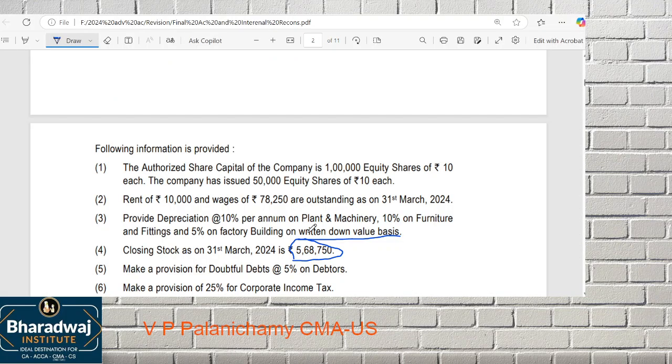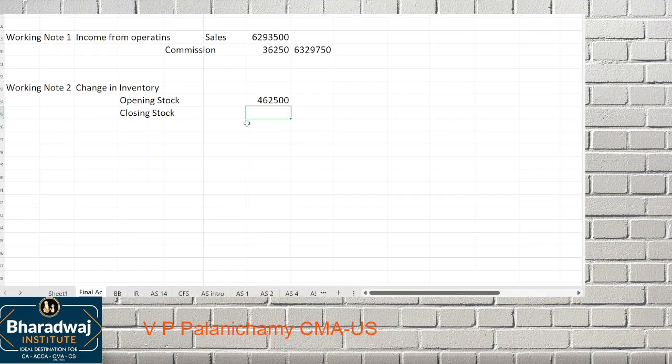What is the closing stock given? 568,750. So is it decrease in stock or increase in stock? Increase in stock, it will be taken as a minus amount. Because this much of stock we have not consumed, in the P&L account, the expenses side, we will take it as a minus amount.